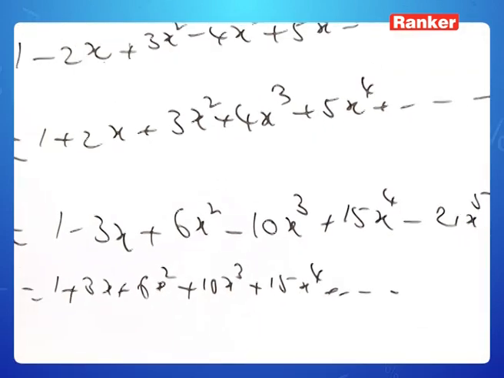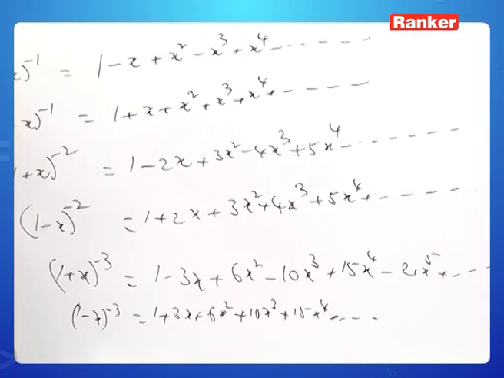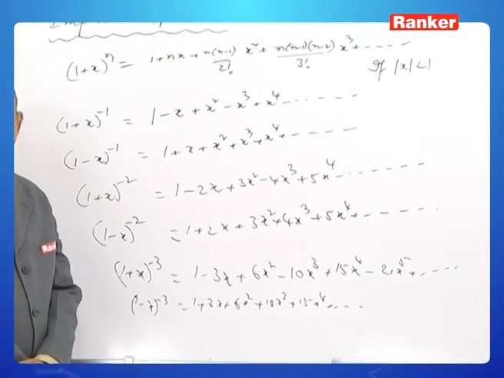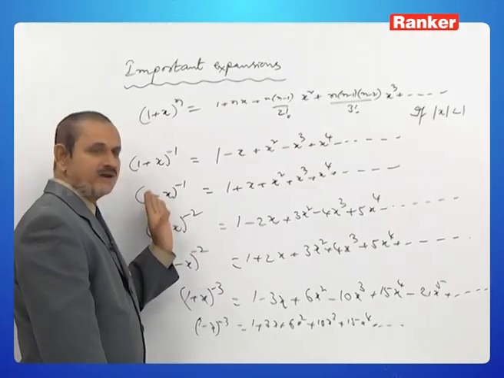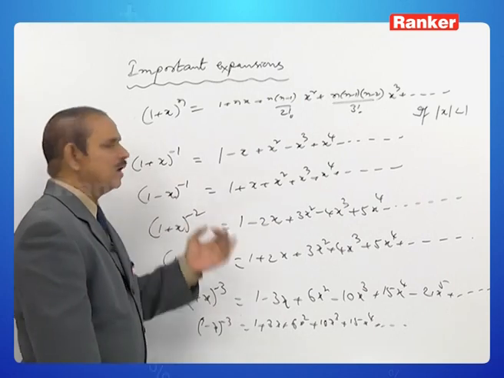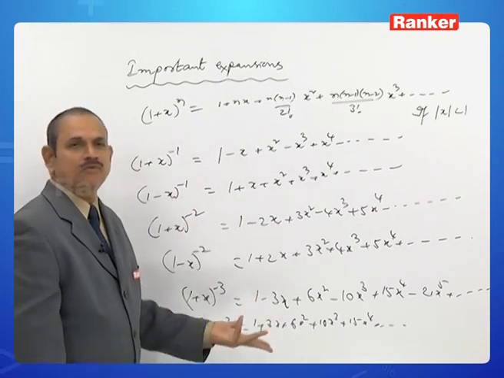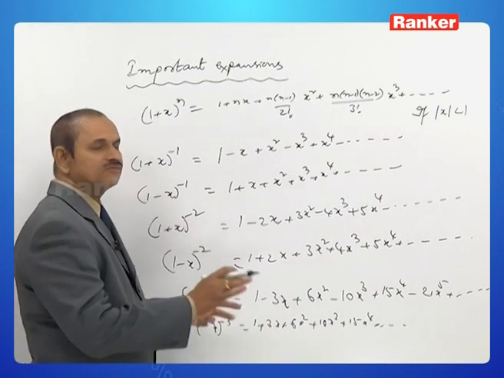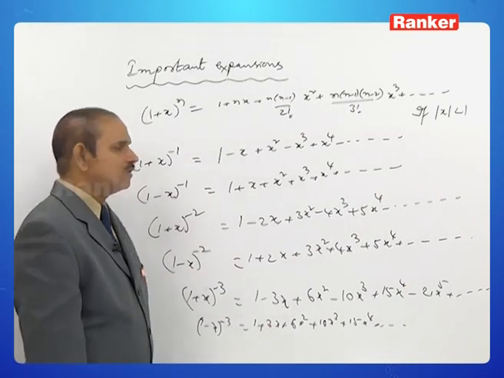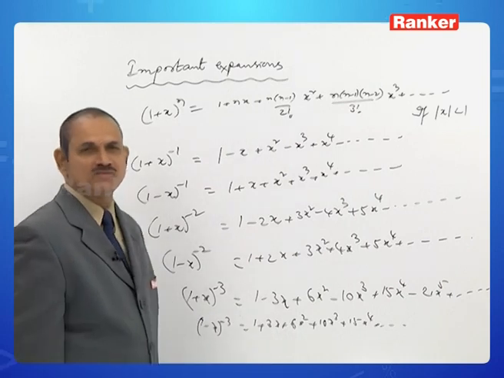Well, my dear, it is very essential, of course, to observe the style of obtaining them. For 1 plus x whole power minus 1 and 1 minus x whole power minus 1, 1, x, x square, x cube, x power 4, x power 5, powers of x will only be obtained, of course, with the coefficients as either 1 or minus 1.